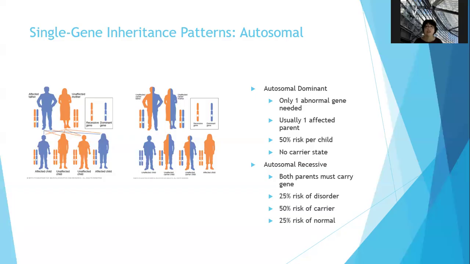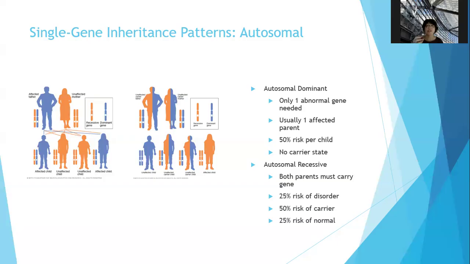In an autosomal recessive, if only one parent has the gene, none of the kids are going to have the disorder. They might be carriers. They have a 50% chance of being a carrier, where they have the one gene. But both parents have to carry the gene in order for you to have the disorder in the next generation.